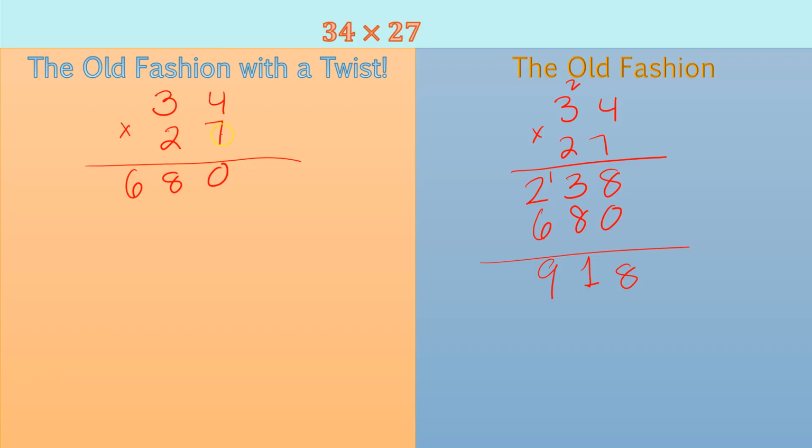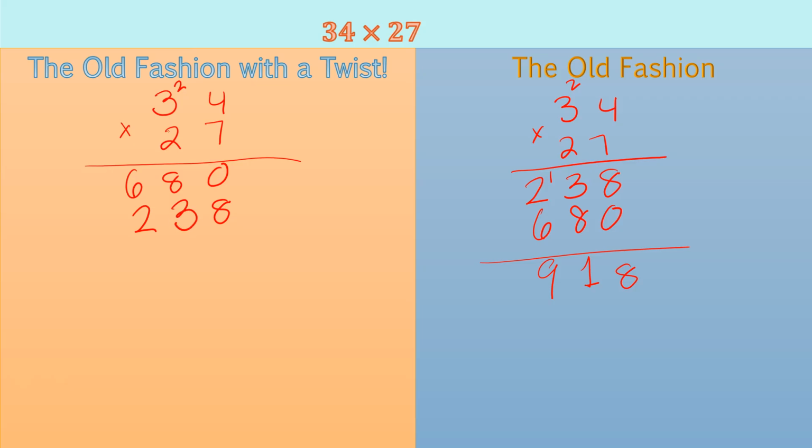So I can go 7 times 4 is 28. And I could now say, carry the 2 over to the second place value, right? And then 7 times 3 is 21, and then 2 more is 23.